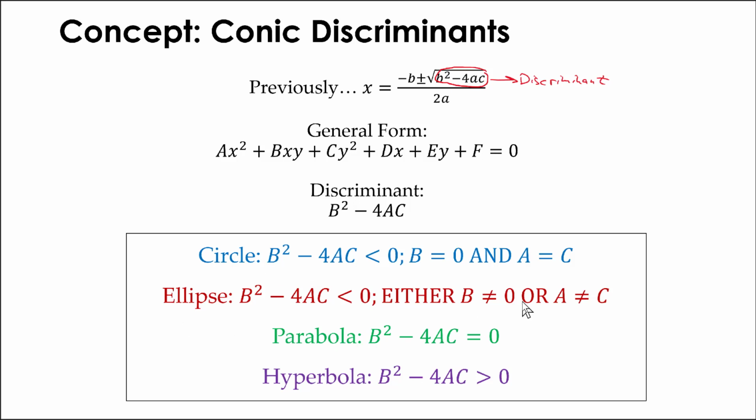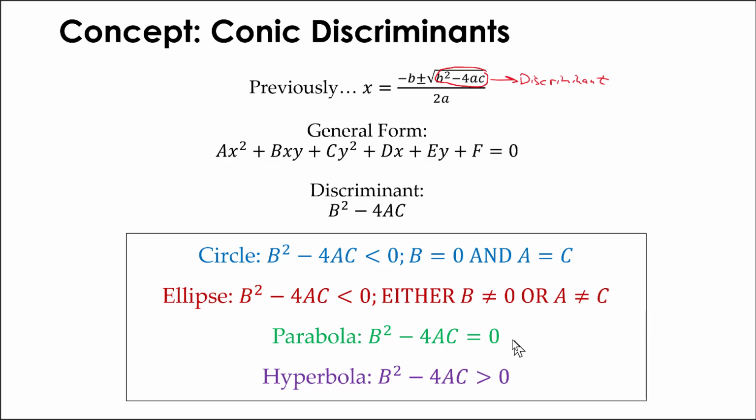If B equals 0 and A equals C, then I have a circle. But if either B is not equal to 0 or A is not equal to C, then I have an ellipse. That's why we said circles are special types of ellipse. If these conditions are not met, it's going to be an ellipse.